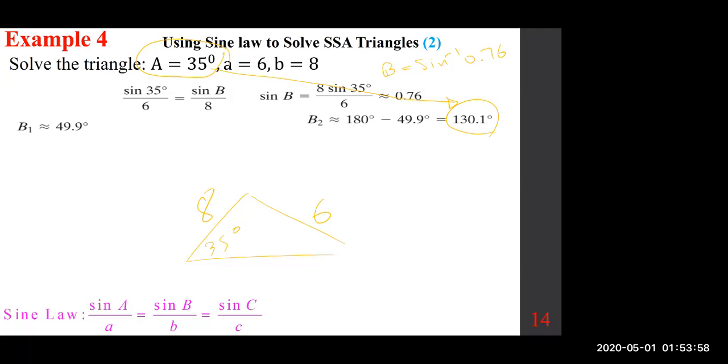So with the second one, which was 150 something, it went over 180 and it wouldn't work. But now 35 and 130.1 add up to 165.1. The sum is less than 180, so that works. And that's why we go through the process and it results in two triangles.